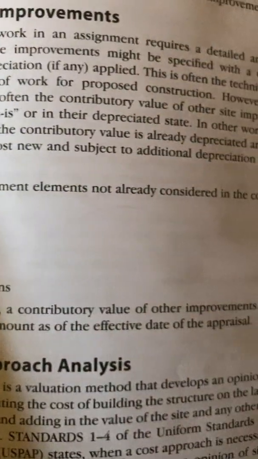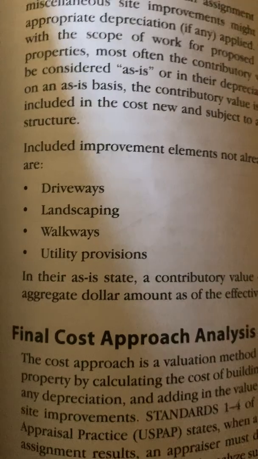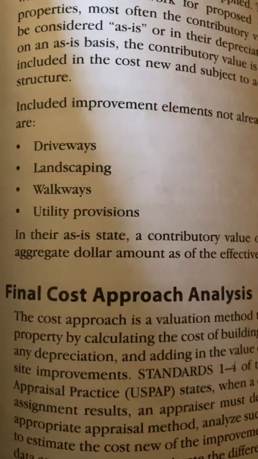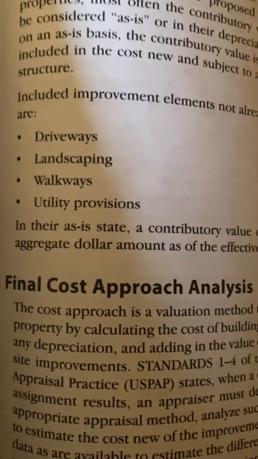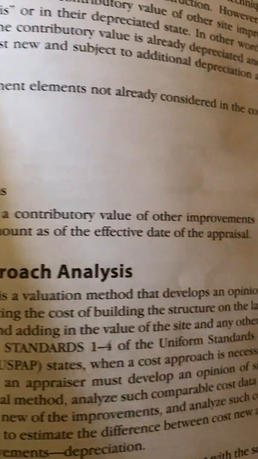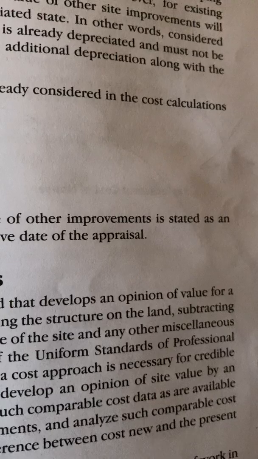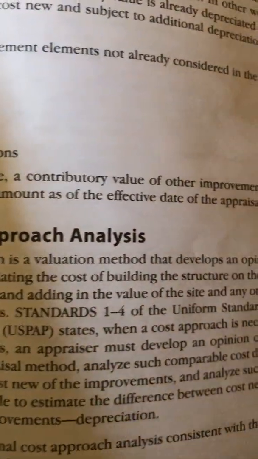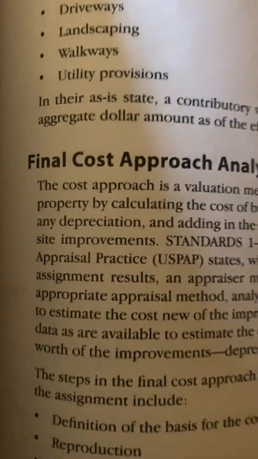Included improvement elements not already considered in the cost calculations are driveways, landscaping, walkways, utility provisions. In their as-is state, a contributory value of other improvements is stated as an aggregate dollar amount as of the effective date of the appraisal.